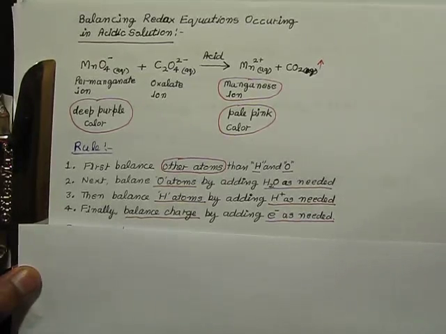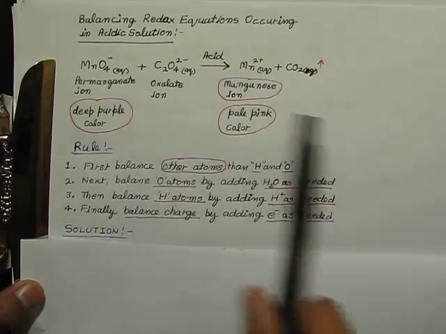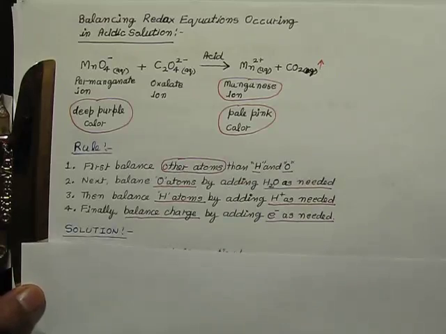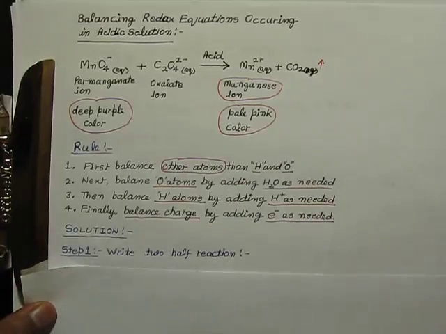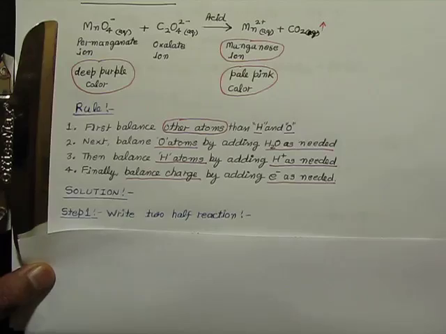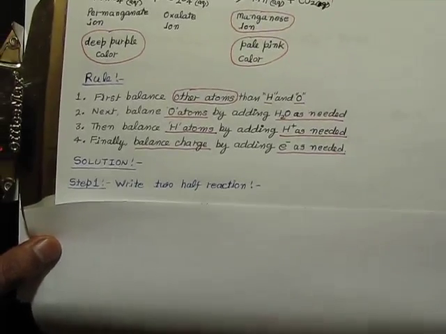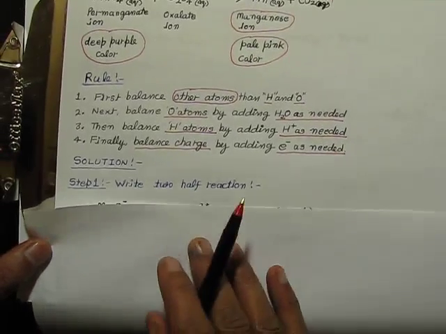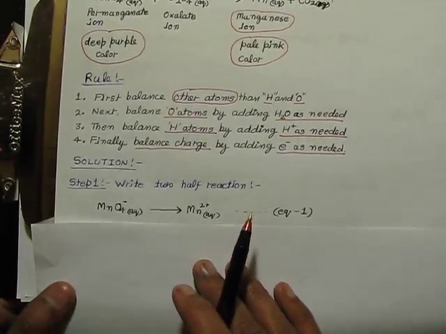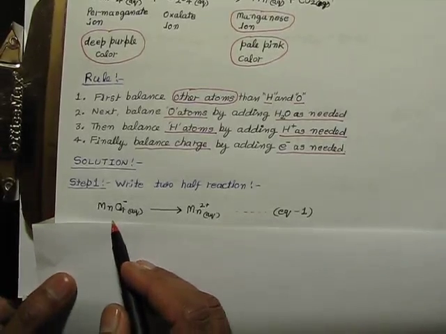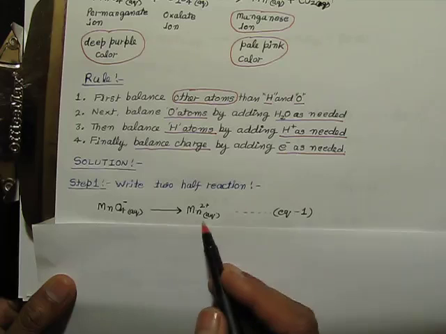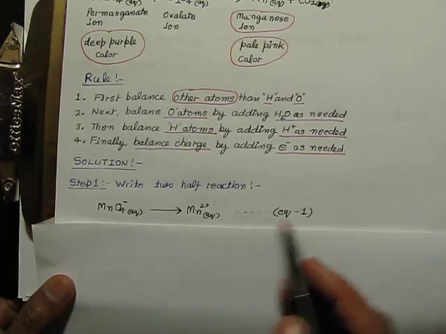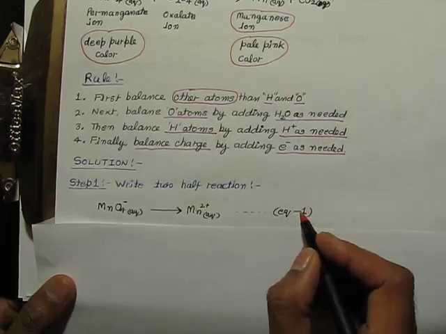So let's start. First we have to break it into 2 half reactions. First is permanganate ion into manganese ion, and I will give this equation number 1.